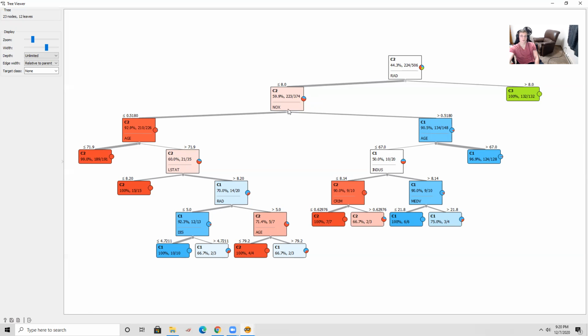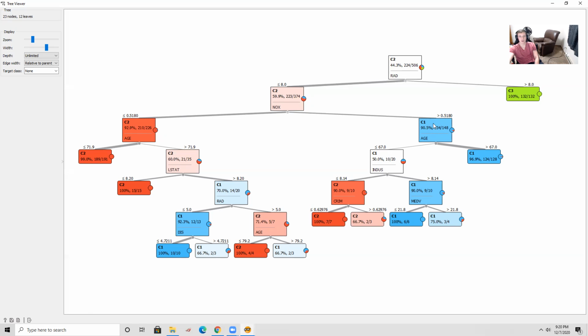Then it goes into the next deciding variable for sorting these houses, and that is the air pollution value. On the right side, we have air pollution greater than 0.518, and on the left side, air pollution less than or equal to 0.518.